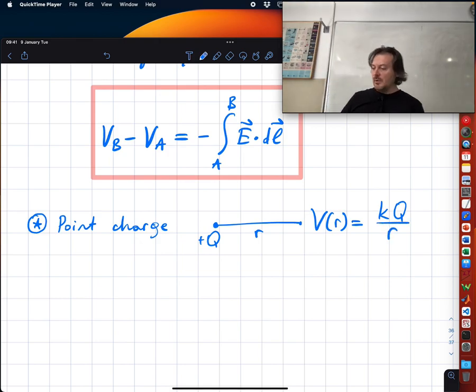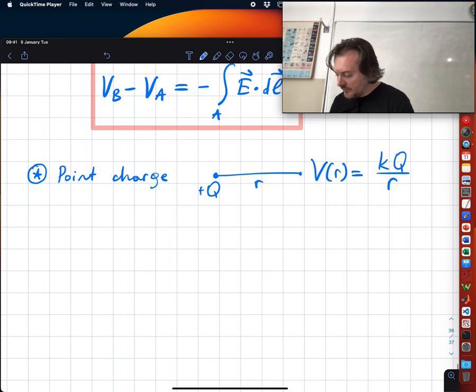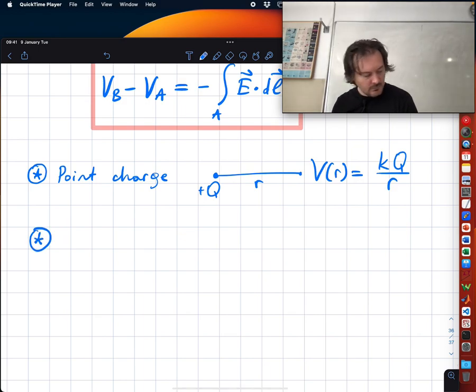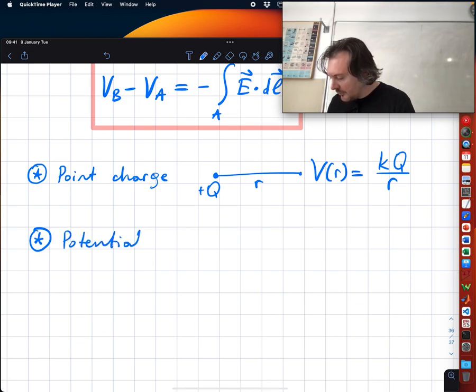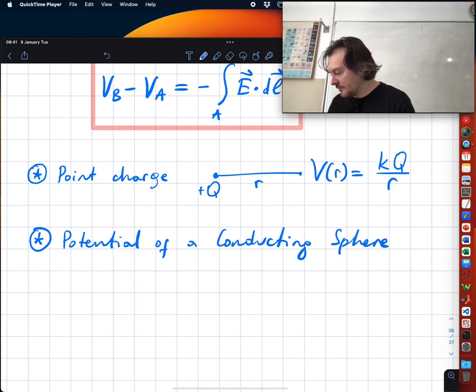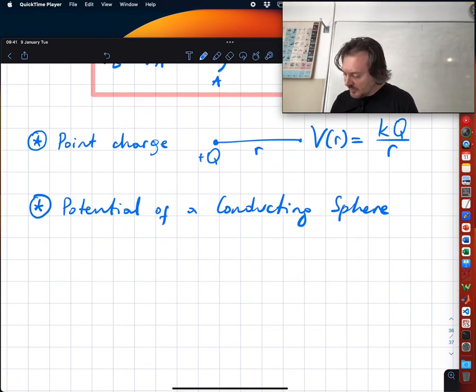Yes? Now the question is, what if you have, for example, find the potential of a conducting sphere with a uniform charge distributed throughout its surface.